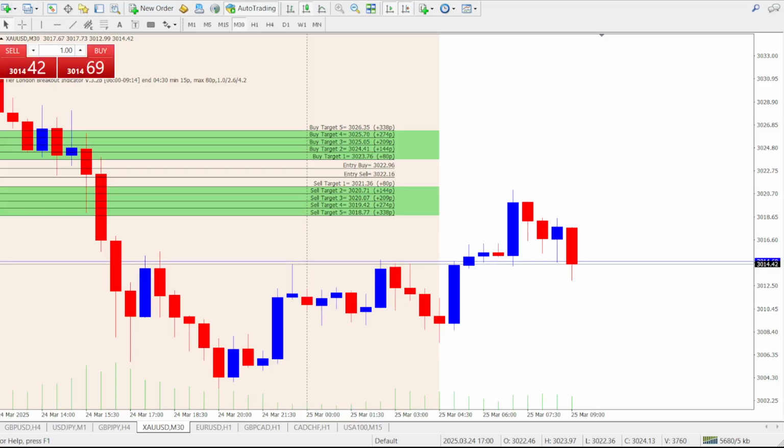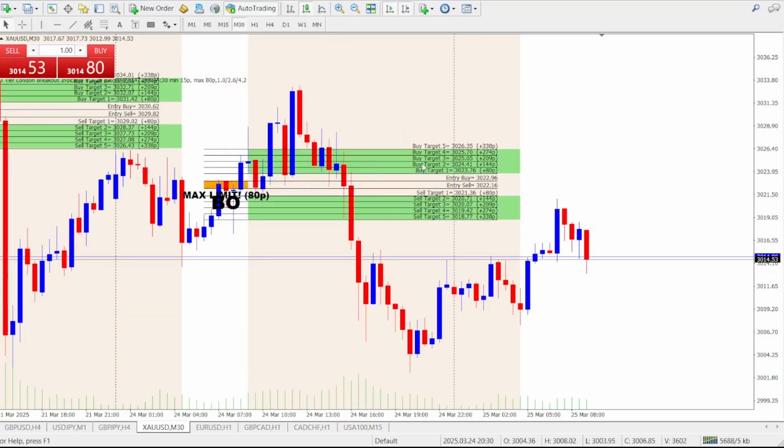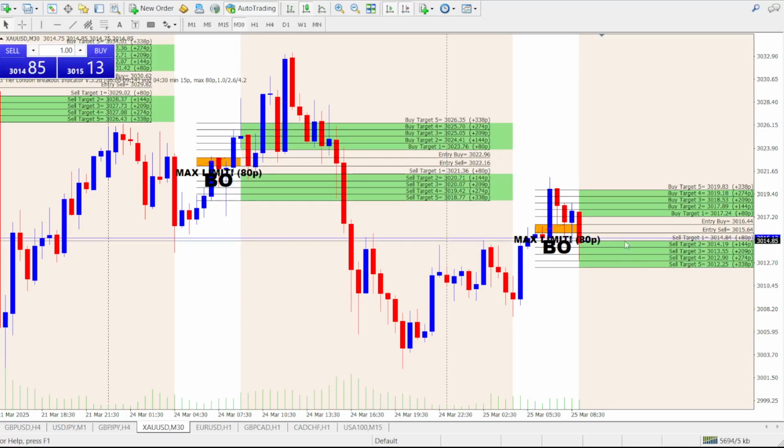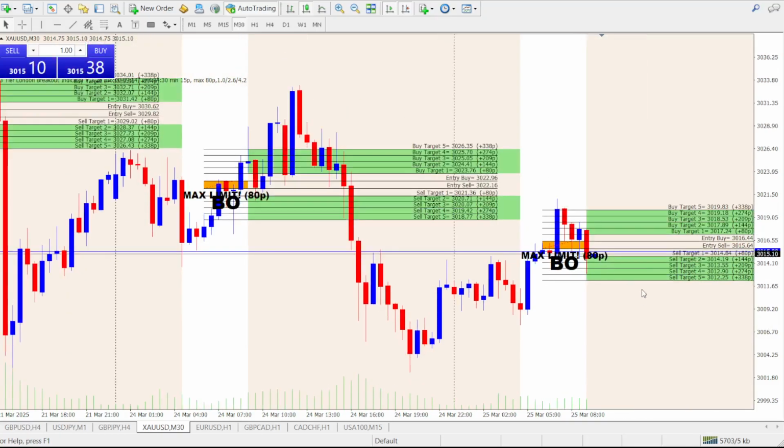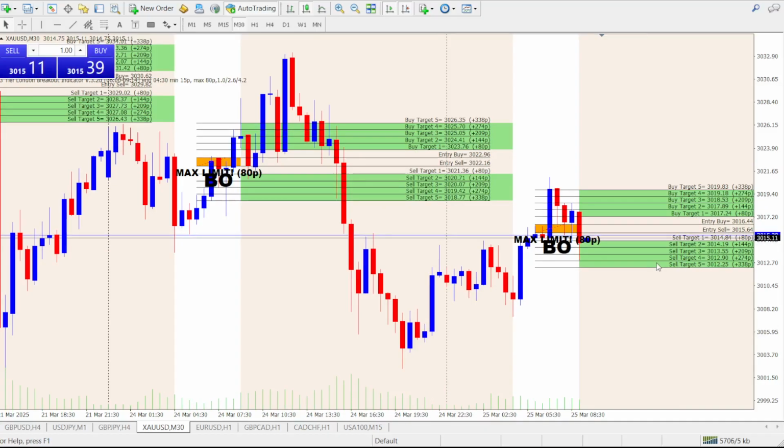As you can see, this indicator provides clear buy and sell targets, so traders know where to enter and exit, and it plots entry buy and entry sell markers. So that makes decision making easier, and the indicator displays different price range boxes to define key market levels.